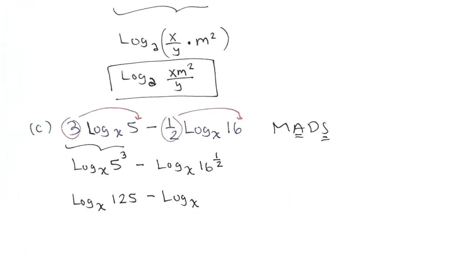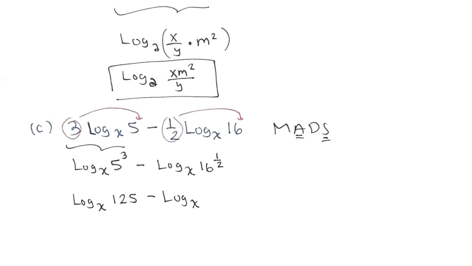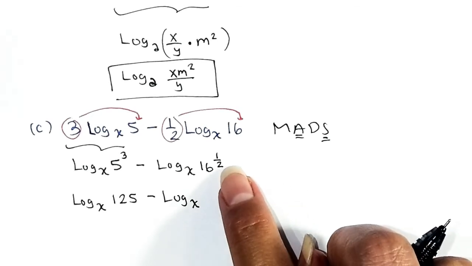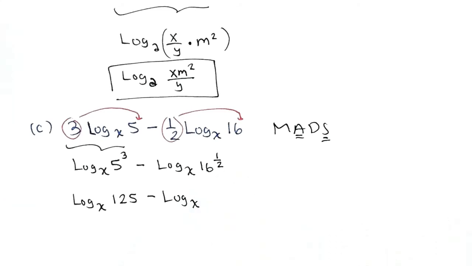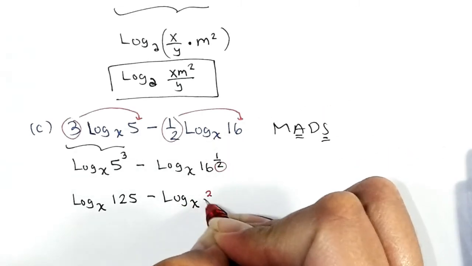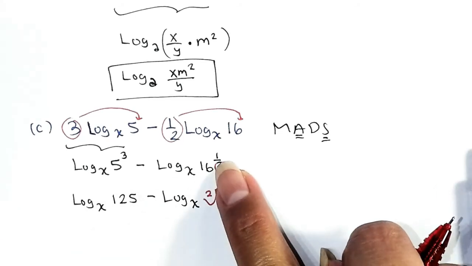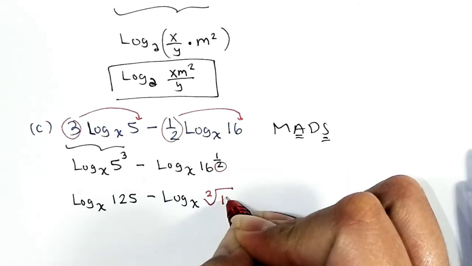I have no idea what that evaluates to. If you know what that evaluates to, more power to you, but I'm going to do it however I can. I'm going to remember that whenever we have a rational exponent or a fraction exponent, that is code for hidden radical. Since the denominator is 2, that means that the index should be 2. So we have square root of 16 to the first power.